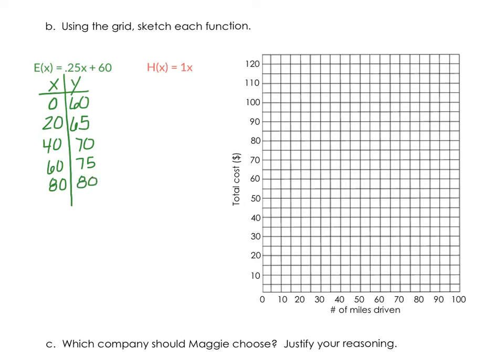Now I see I went up to 100, so I could keep looking down to see what 100 is if I want to, and I would see that 100 is at 85. That'll fill my whole graph in, and then I can go ahead and plot those points.